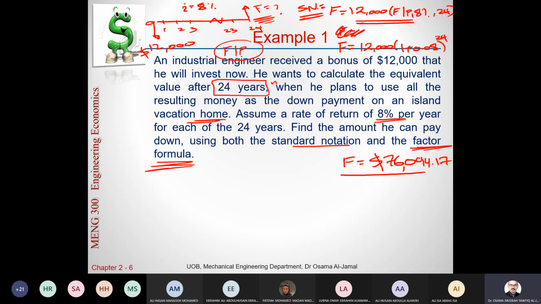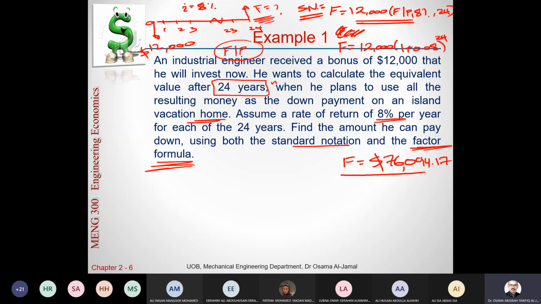It depends on the problem we are solving. If you press compound now, what is the title at the top? Compound interest. The CMPD button will give you compound interest.